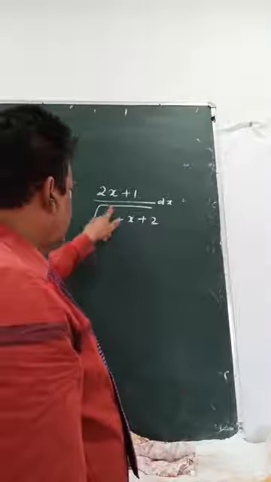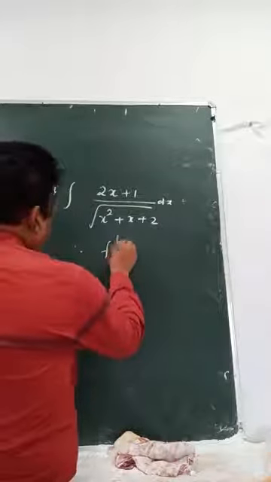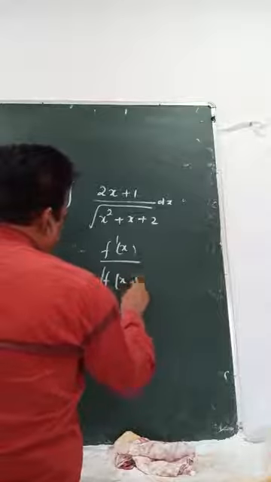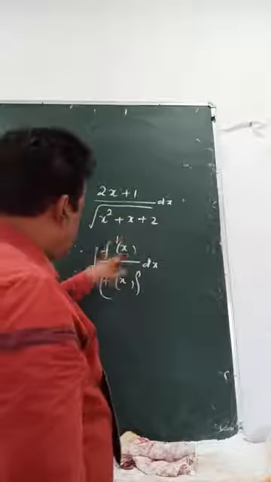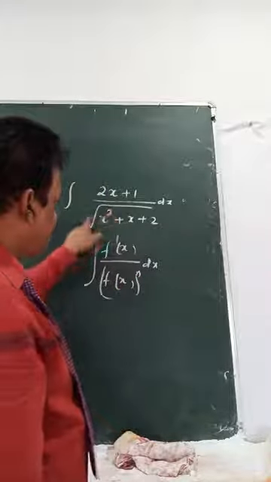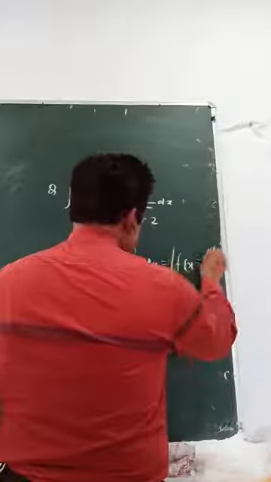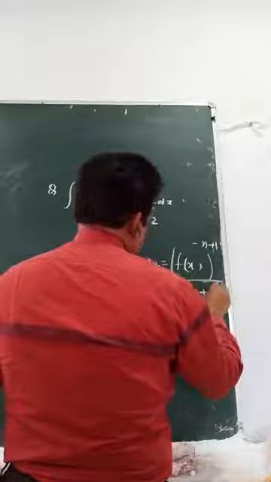Now you find which formula? Now this is your f dash x by fx to the power n. What is n here? Now this becomes fx to the power minus n plus 1 by minus n plus 1.